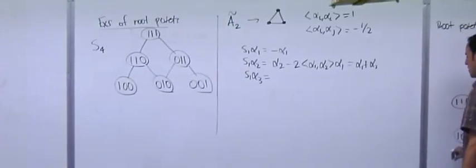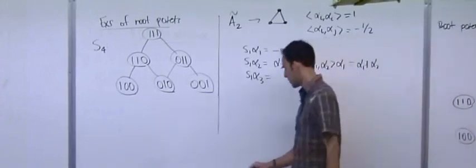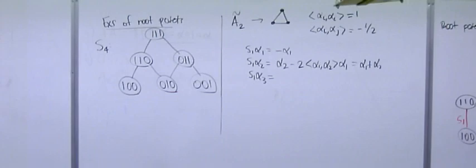Alpha 1 plus alpha 2. And maybe I should start labeling these things in colors already. So this is when I acted on S1. By symmetry, when we do this with alpha 3, we're going to get alpha 1 plus alpha 3.